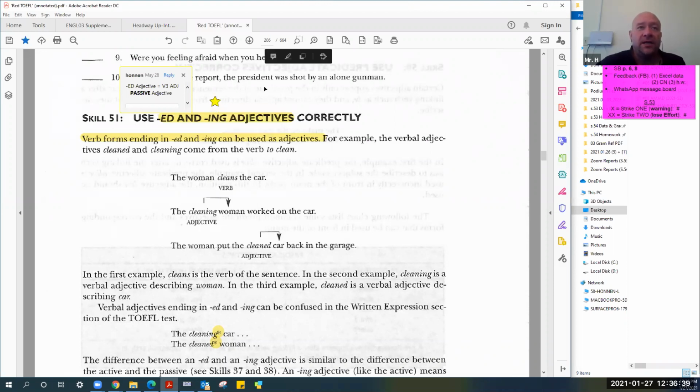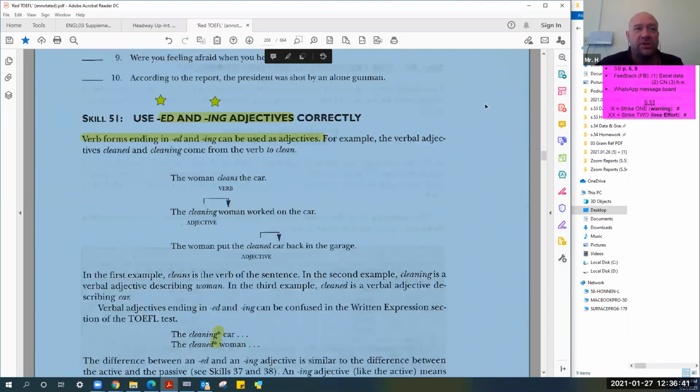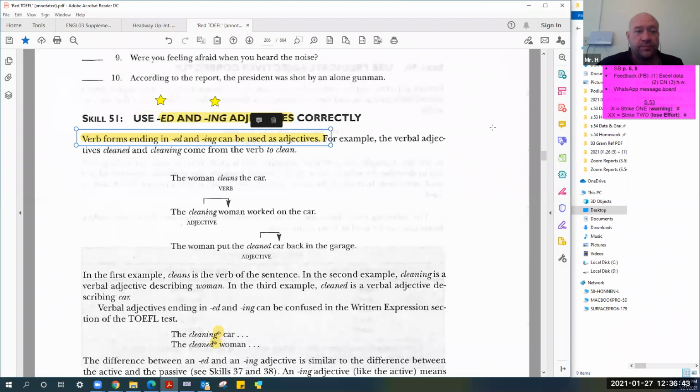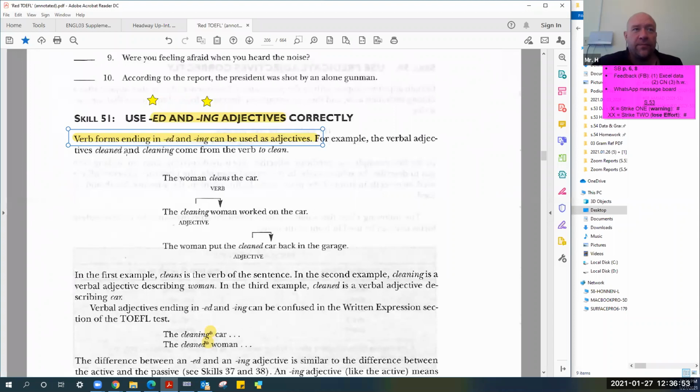All right. So now let's take a look. Mustafa, can you read? Verb form ending ed and ing can be used as adjectives. Yep. Verb 3 or verb forms ending with ed or ending with ing can be used as an adjective.